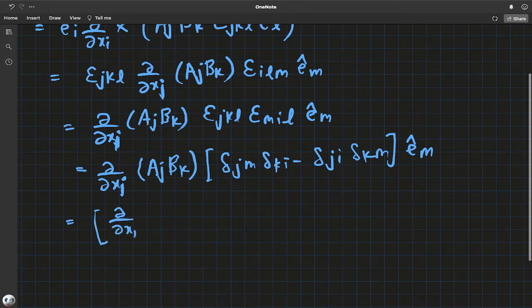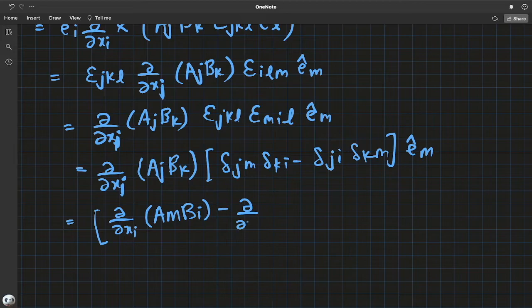Partial xi, Am, Bi minus partial xi, Ai Bm, Em hat.